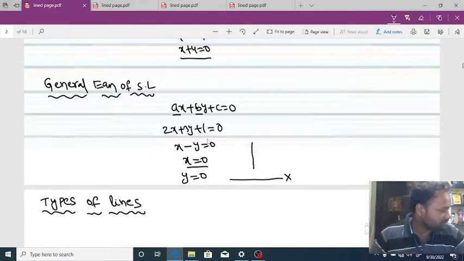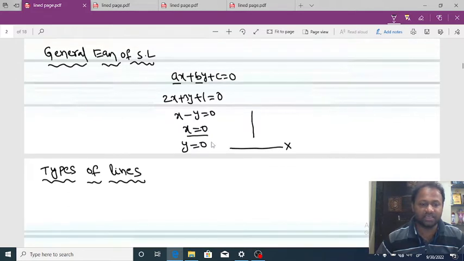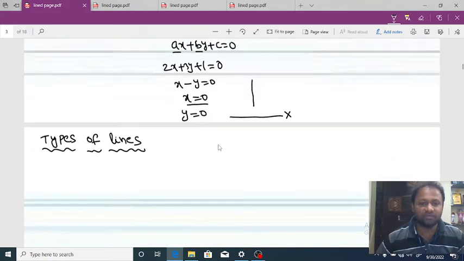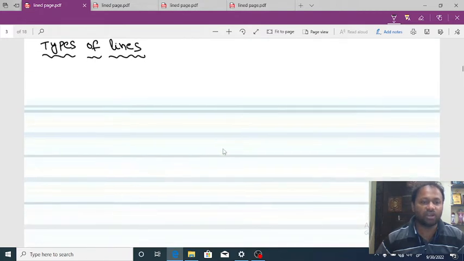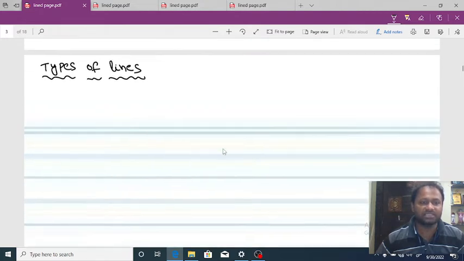Now I am going to do types of lines. It is very important that we know the types of lines. So what are the types of lines?